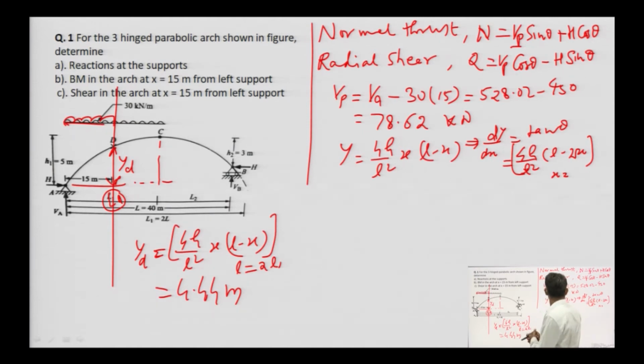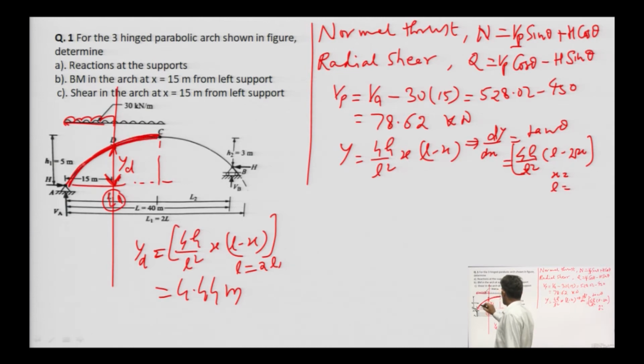Look here, to calculate the slope, what will be the x and what will be the L, that you need to take care of, since we are calculating theta for segment AC, for segment AC.